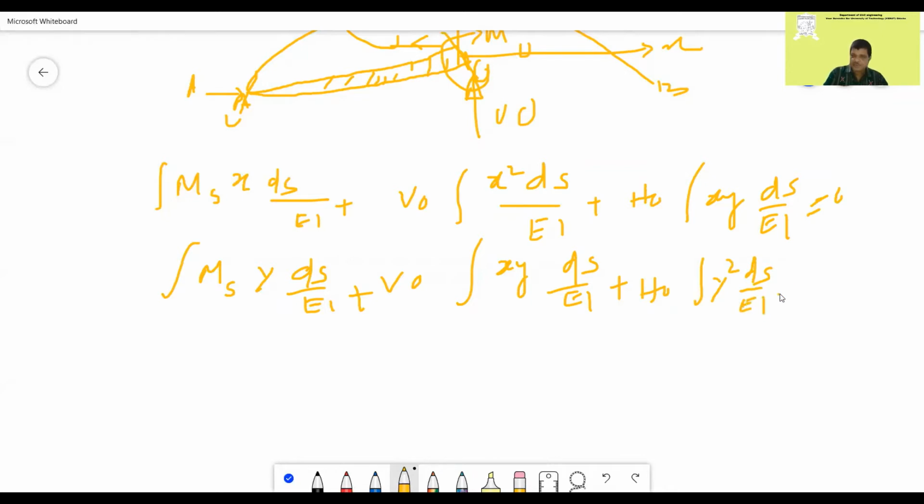Right. And the third equation will be Ms ds by EI plus M0 into ds by EI. Now the above three equations are converted in terms of the elastic center. The reaction at the elastic center has been incorporated here.